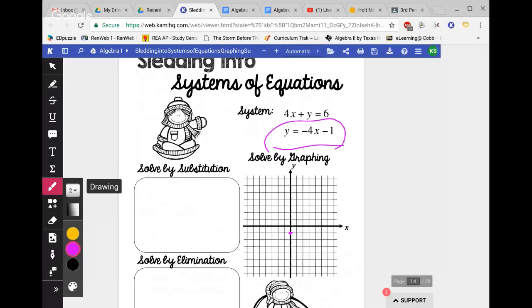Okay, so I'm going to go one direction negative and one direction positive. So 1, 2, 3, 4. If I go up 4, I've got to go left 1 because up is positive and left is negative. So 1, 2, 3, 4, and then over 1. And then down 1, 2, 3, 4, and right 1. So here's this line.